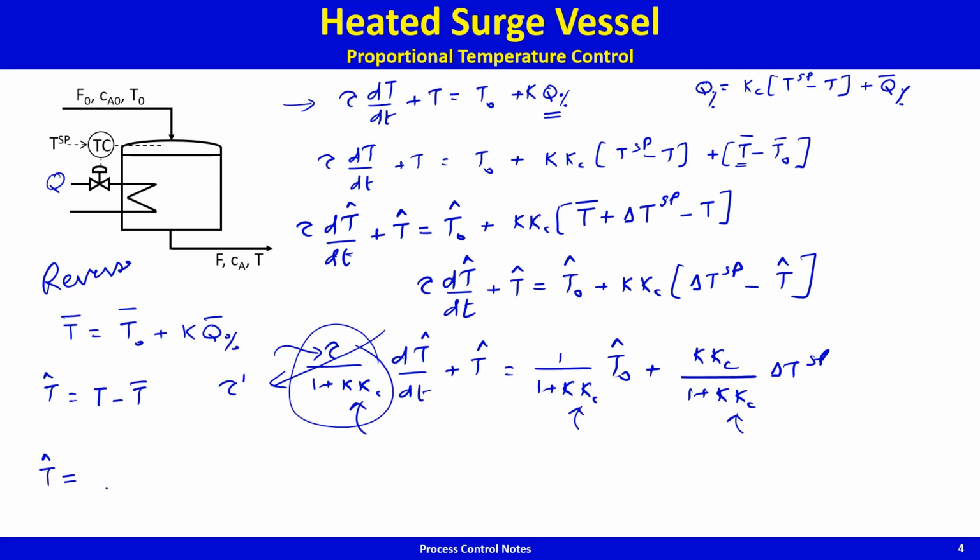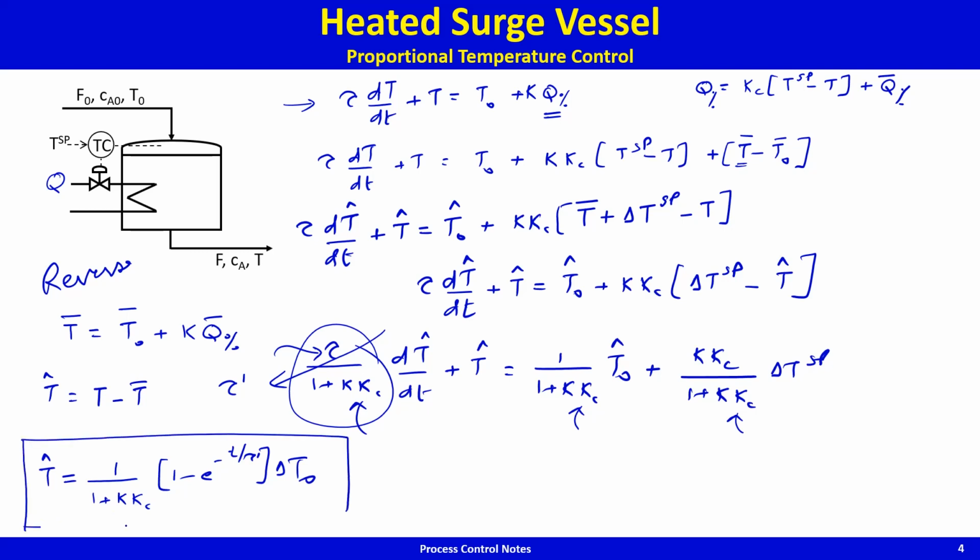the deviation in t is going to be 1 over 1 plus kkc into 1 minus e to the power minus t by tau prime, times delta t naught.